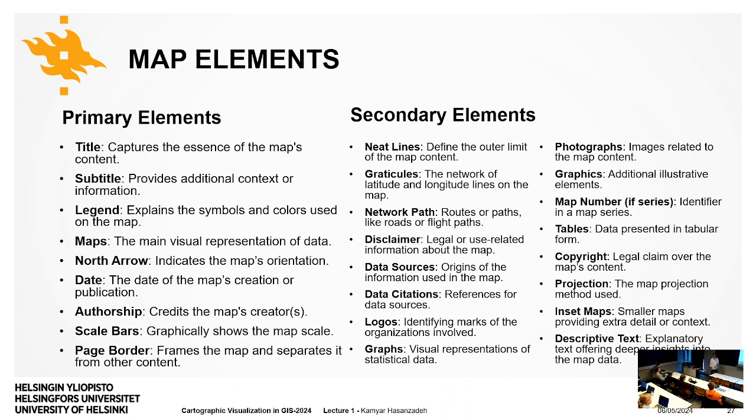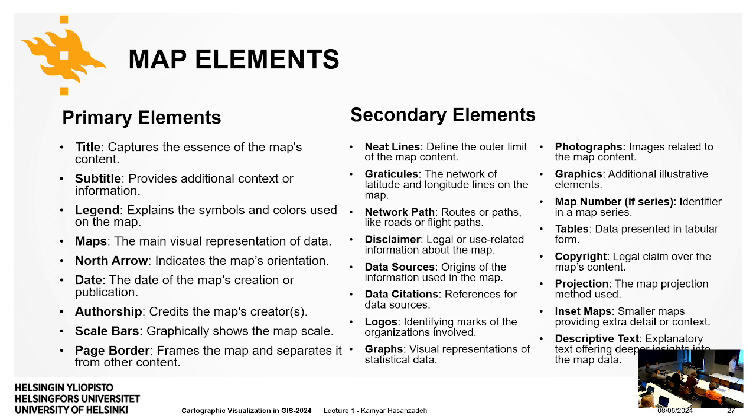Depending on your map and what it is made for, who it is made for, you might choose to omit some of them. For example, if you make a map of Helsinki for people who live in Helsinki, local people who know the shape of the area and everything, you may not necessarily need to include a north arrow if it is already familiar. It's stating the obvious.